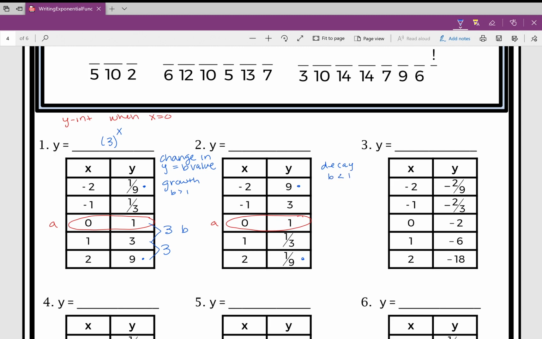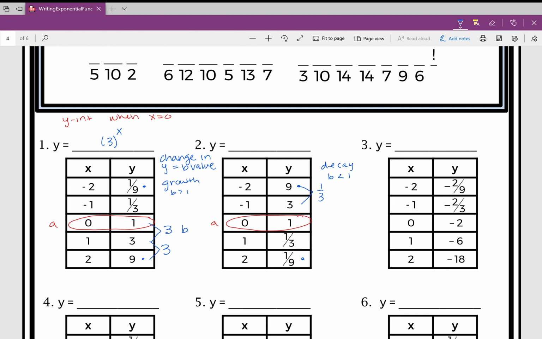So what can we multiply 9 by to get 3? Well, we know 9 divided by 3 gives us 3. But we also know that dividing by the number is the same as multiplying by 1 over that number. So this is multiplying by 1/3. 9 times 1/3 is 3.